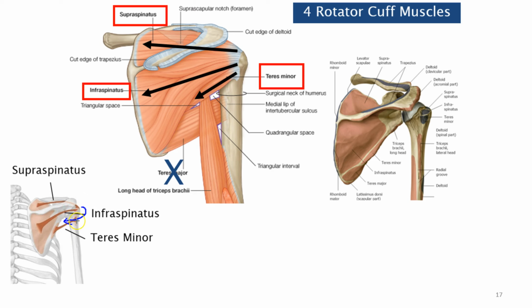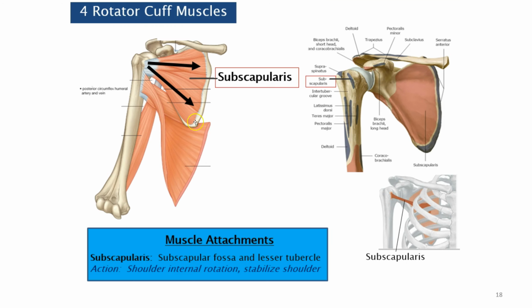Teres minor is also going to attach here on the scapula, but more on the lateral border, and attach onto the lower margins of that greater tubercle. It's also going to spin the humerus laterally or externally rotate it. Looking anteriorly, we can see this subscapularis, once again filling the subscapular fossa.